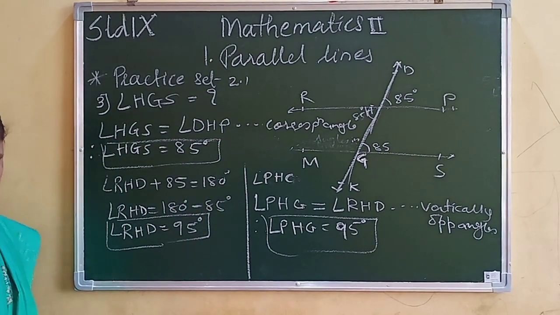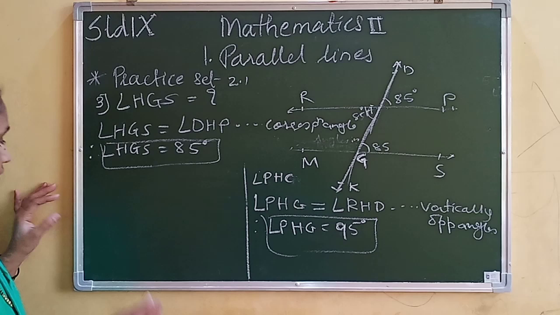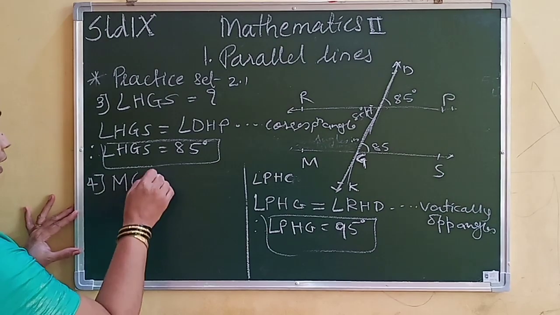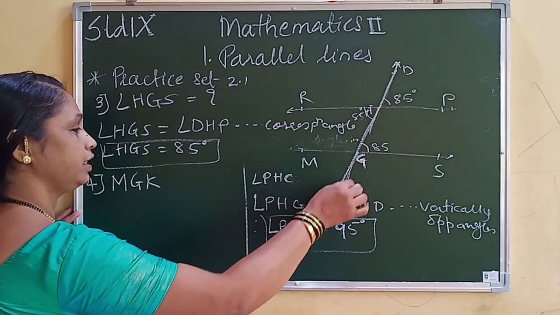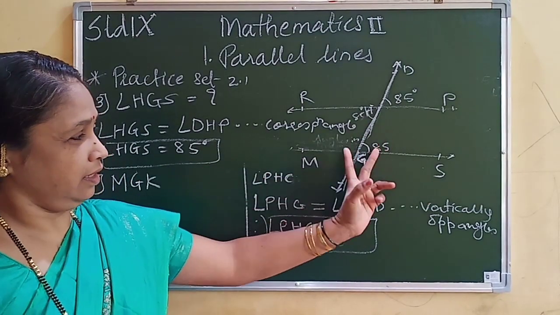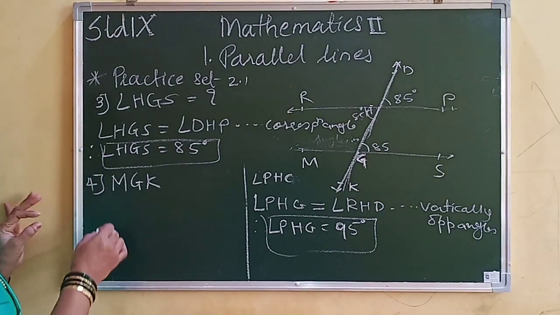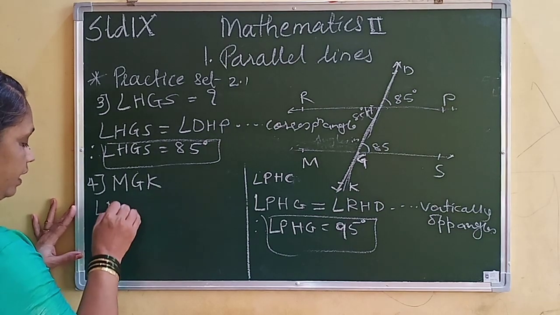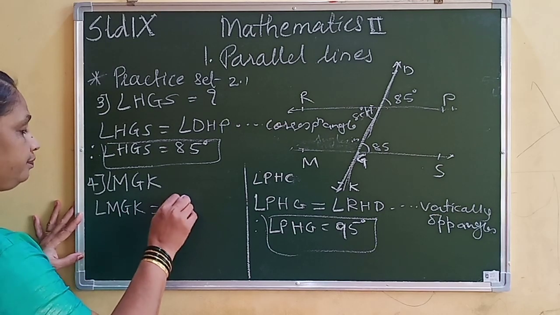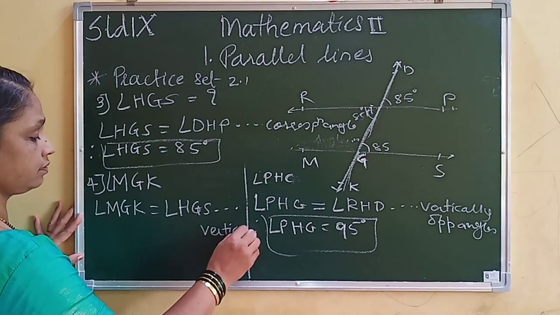Now same way MGK. Next we have to find out MGK, the fourth type of angle. Now see this MGK, this angle means HGS is vertically opposite to MGK. So vertically opposite angles are equal. Now how will we write: angle MGK is equal to angle HGS, vertically opposite angles.